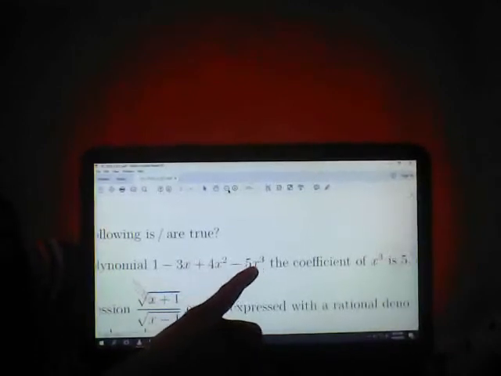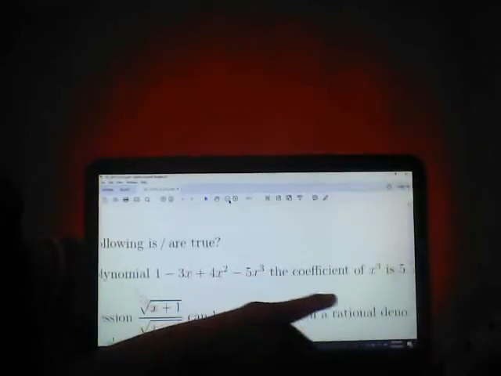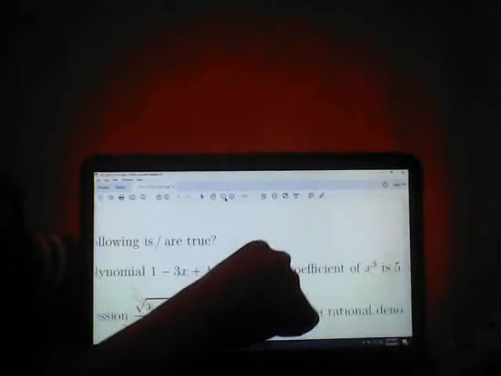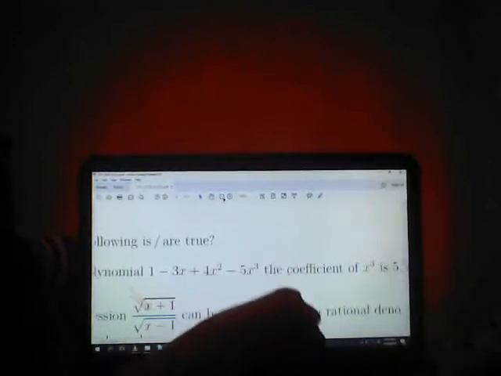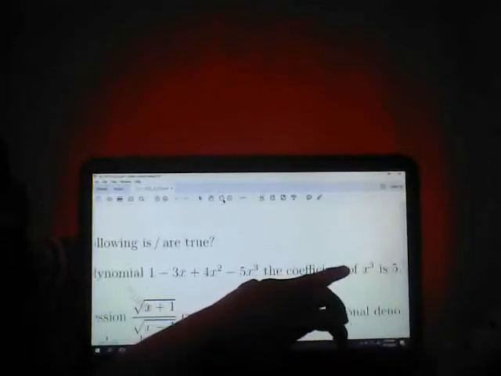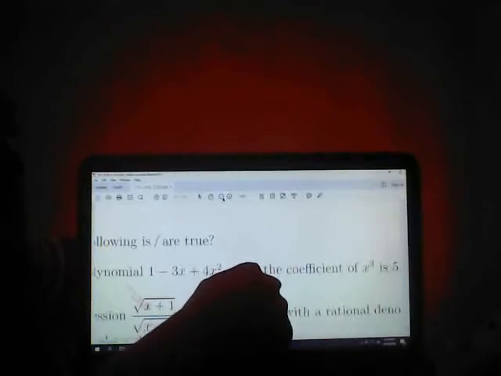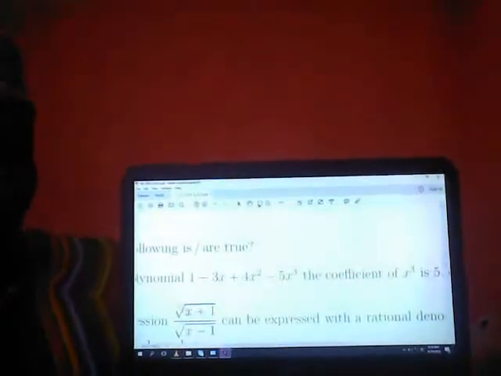These are coefficients here. The coefficient of x is negative 3. The coefficient of x squared equal to 4. The coefficient of x cubed equal to negative 5. But here they say the coefficient of x cubed equal to 5, which is not true because they leave out the negative. So the first one is not true.